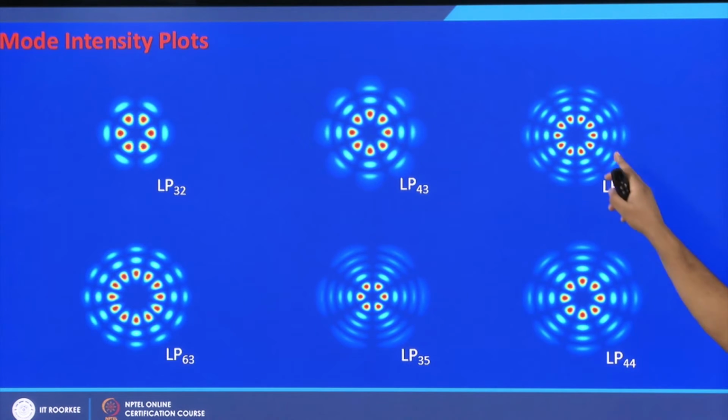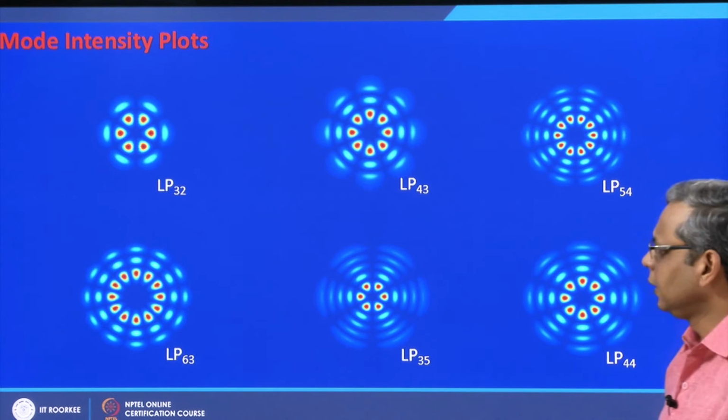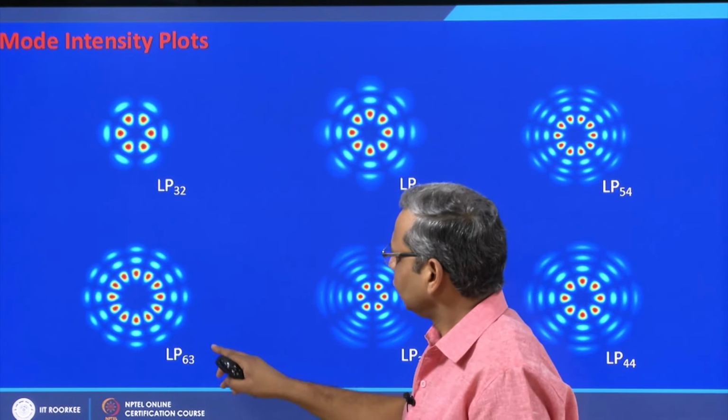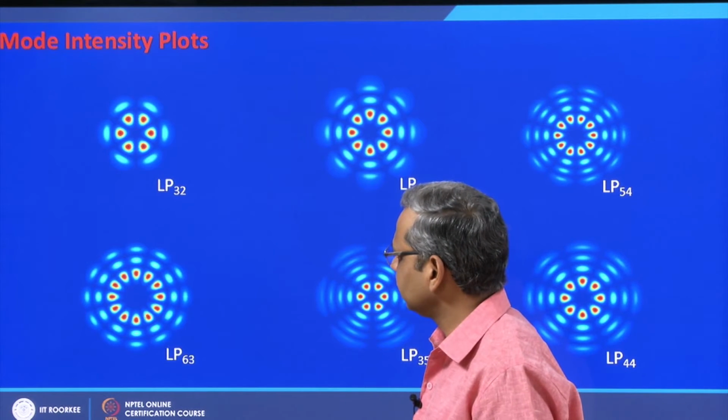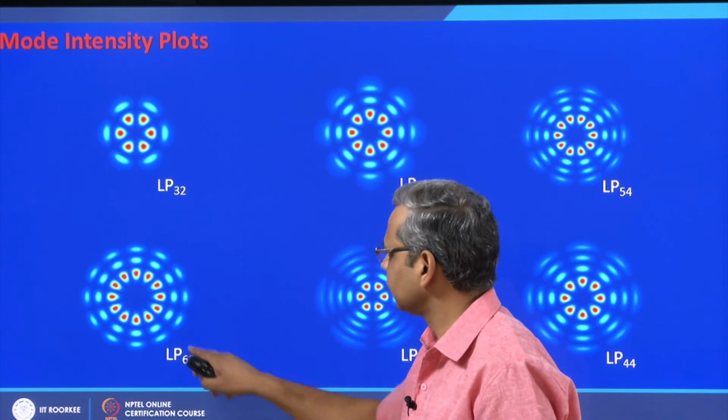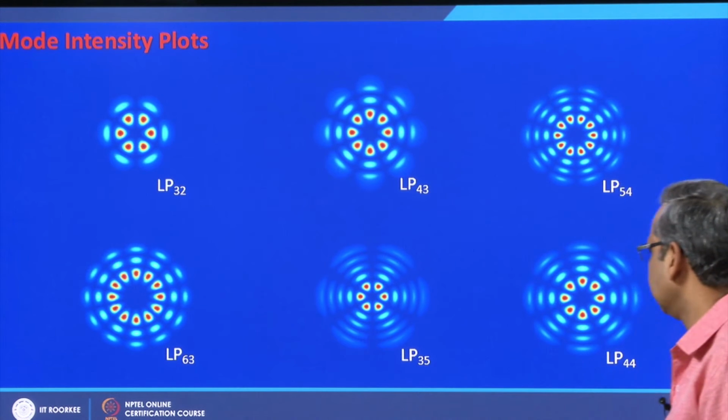LP54 mode, 10 zeros in the phi direction and 3 zeros in the r direction, 1, 2, 3. LP63 mode, 12 zeros in the phi direction, 2 zeros, 3 minus 1, in the r direction, and so on.